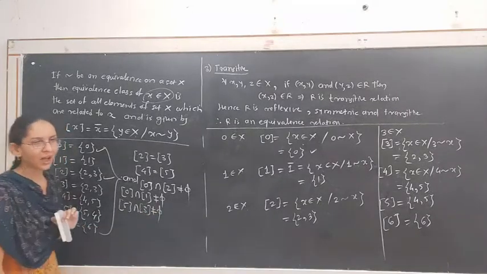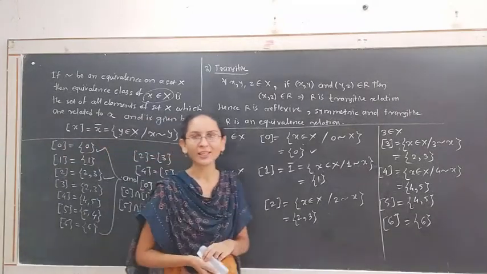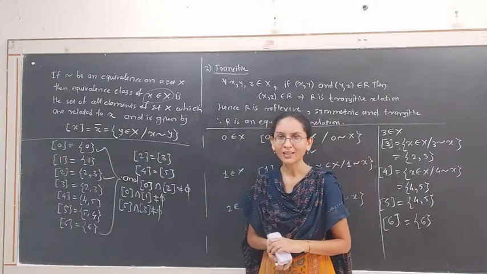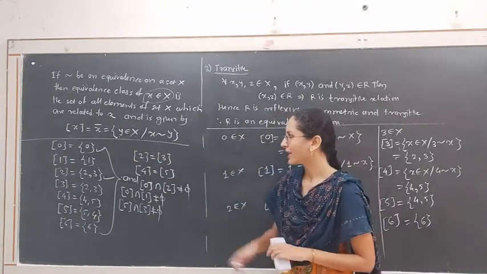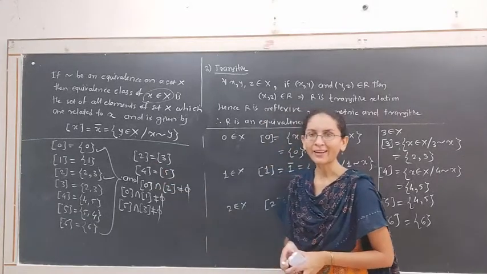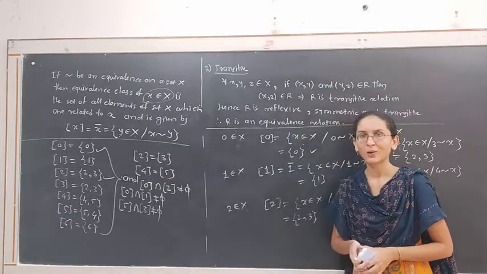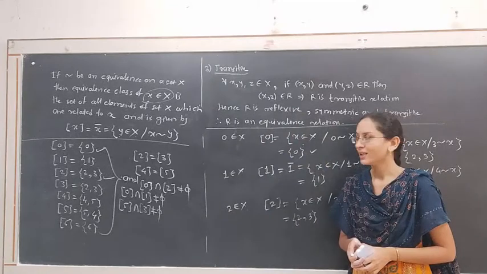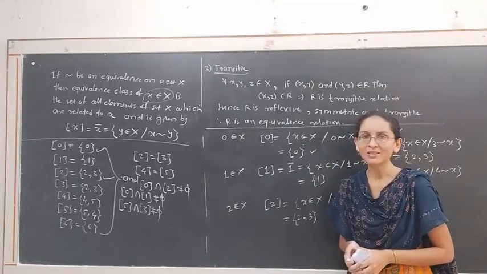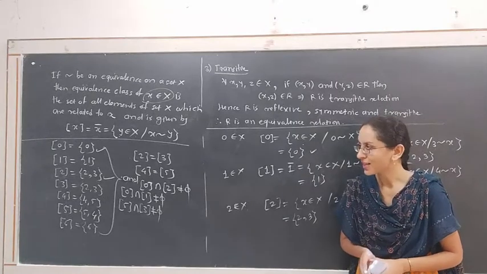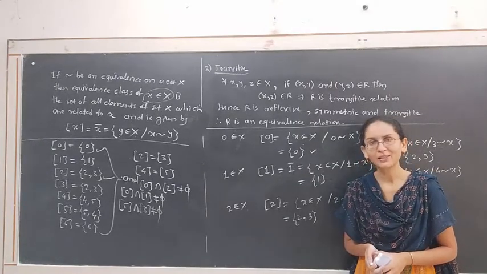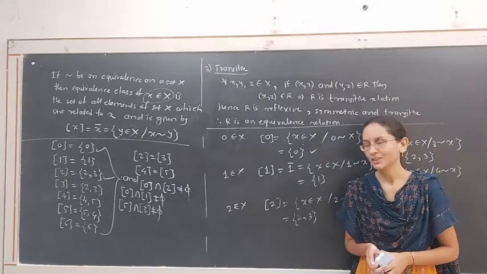Means we say that any two equivalence classes are either same or disjoint. Any two equivalence classes are either identical or they are disjoint. If they have some common elements, then the sets are equal, and if two equivalence classes have no common element, then they are disjoint.